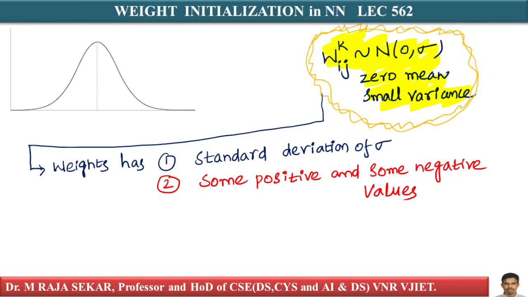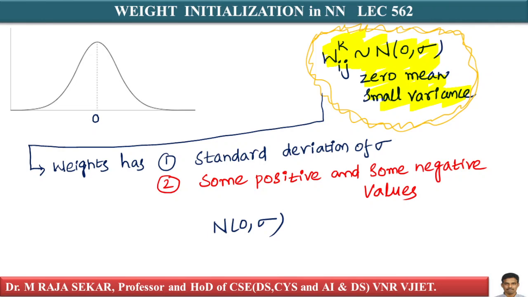How does this distribution look like? It centers on 0. You have some values which are positive and some which are negative. Some of your weights will be positive and some of your weights will be negative, and you have reasonably good variance, not too small and not too large variance, isn't it?